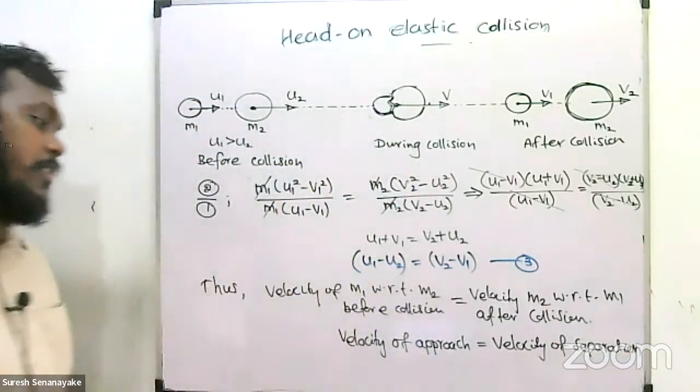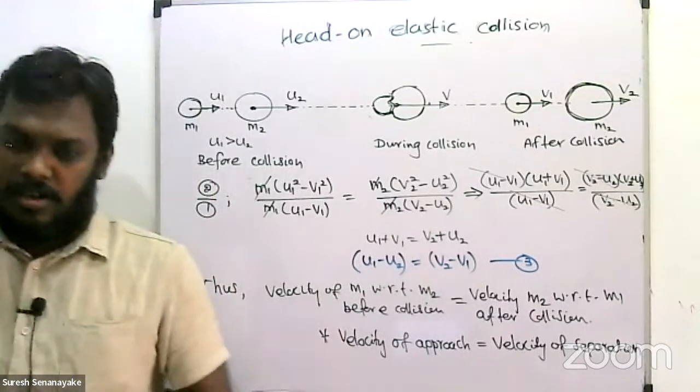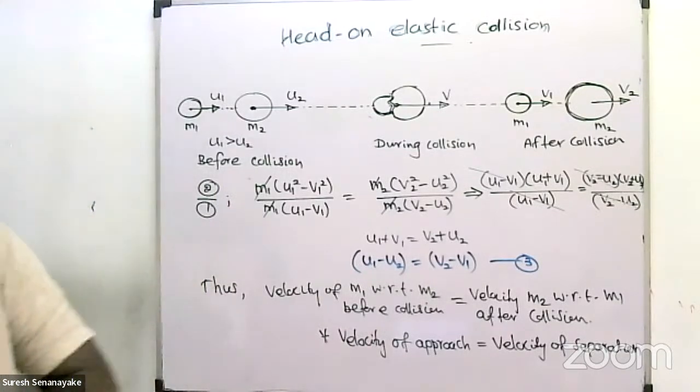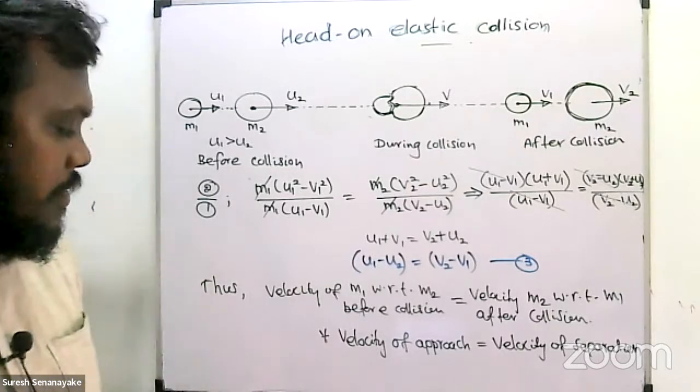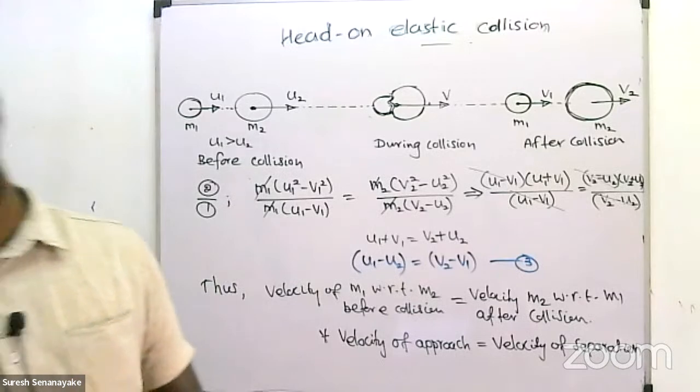Velocity of approach is equal to the velocity of separation. In the case of elastic collisions only you can write like this: velocity of approach equals the velocity of separation.